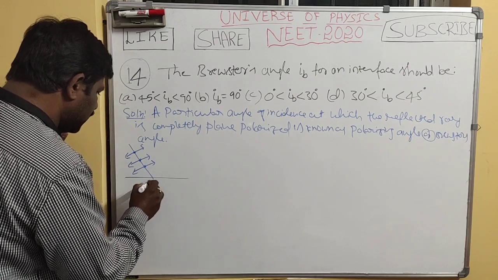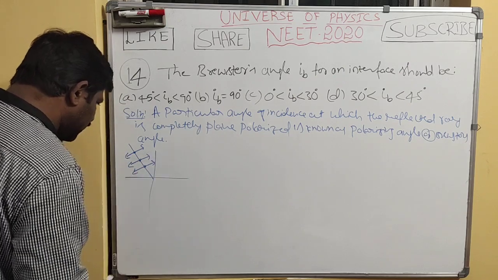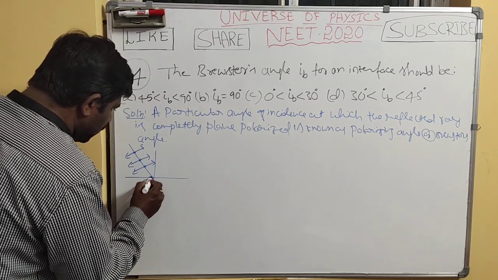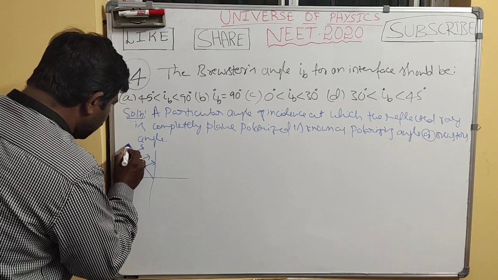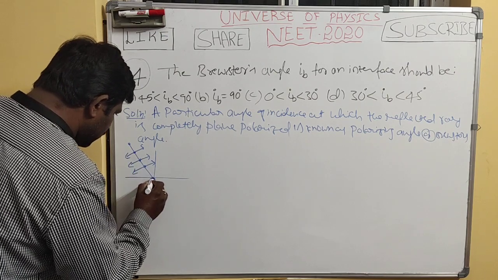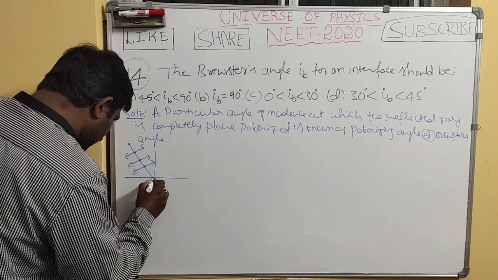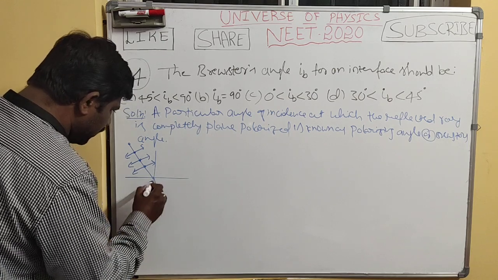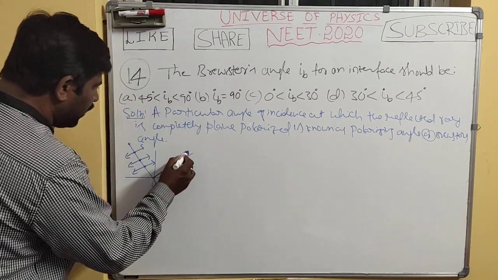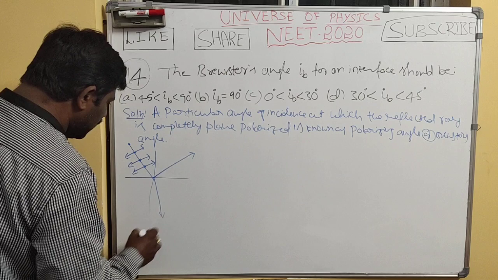It is incident on this interface, and this is the normal drawn. This is the refracted ray and this is the reflected ray.